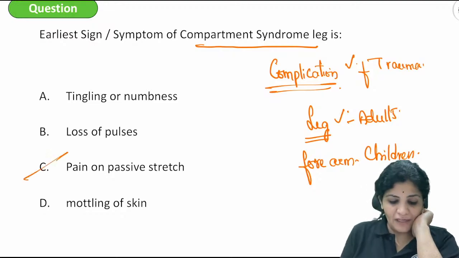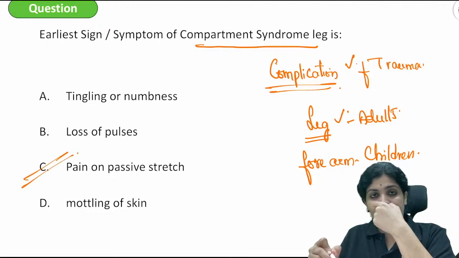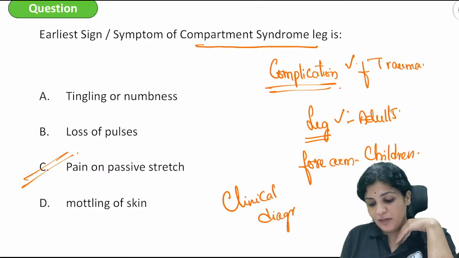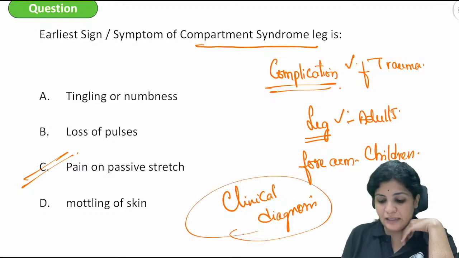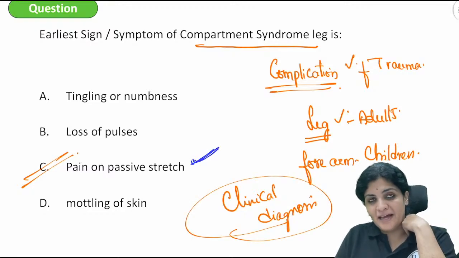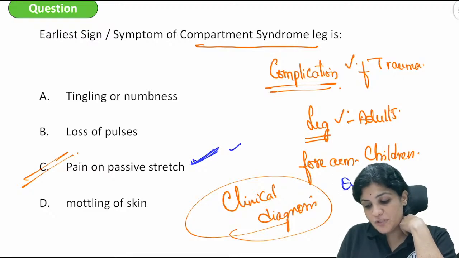Very good. So the pain on passive stretch. This is the earliest sign or symptom. Compartment syndrome is purely a clinical diagnosis, as you all know, and you have to be very, very aware. The first thing the child or the adult gives us as a clue is pain on passive stretch. First there is excessive usage of analgesics, and then you will have pain on passive stretch.